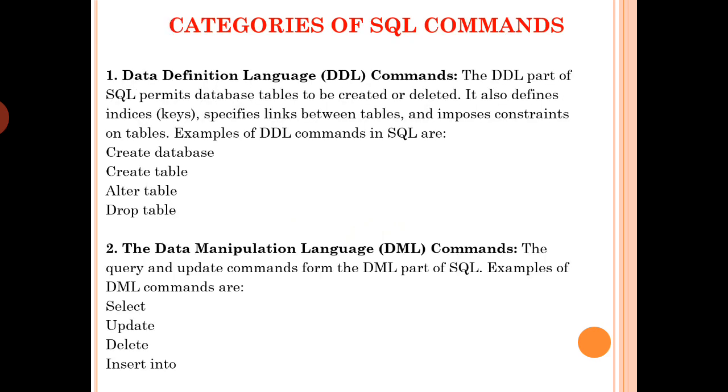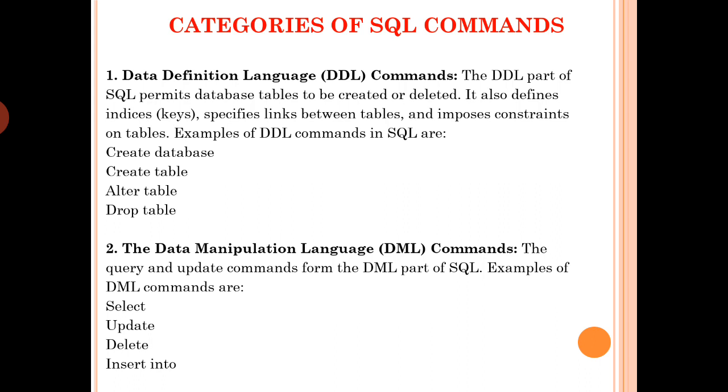Categories of MySQL commands. Students, SQL commands can be classified into two categories: data definition language and data manipulation language. Data definition language, DDL commands. The DDL part of SQL permits database tables to be created or deleted.